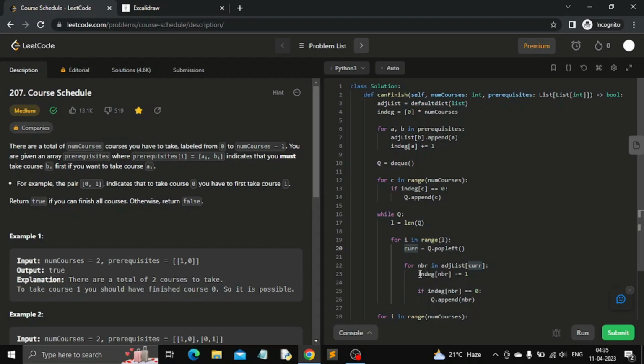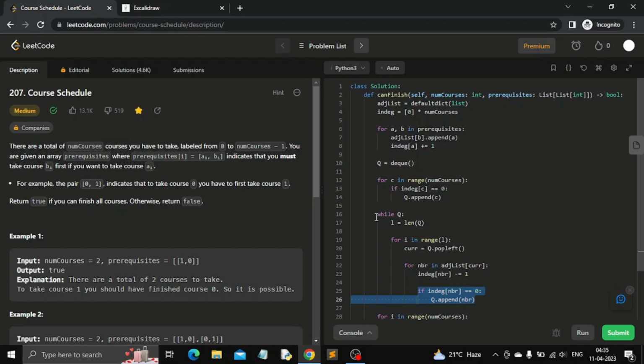Then we will check if the in degree of the neighbor becomes equal to 0. It means that that neighbor is now good to go and we will add it in our queue for the next turn.